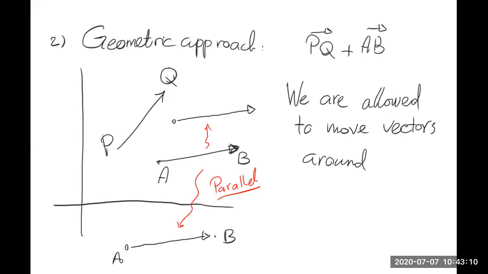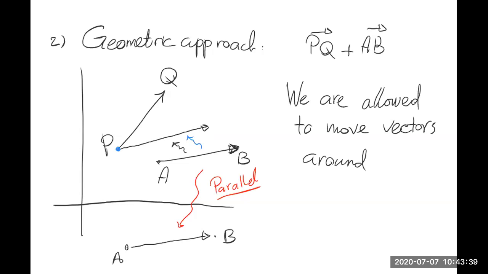Now that we are allowed to move them around, what I'm going to do is move it to the point where it has the same initial point, same start point, as the other vector PQ. So I would move AB here, because I'm allowed to move it anywhere. So they would have the same starting points.